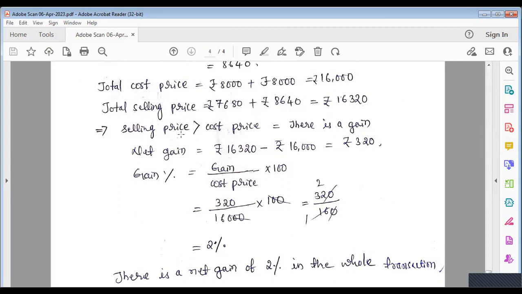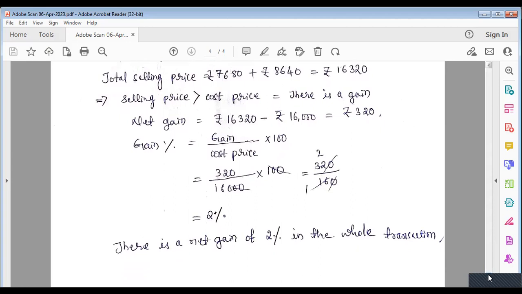When selling price is more than the cost price, there will be a gain. So net gain is equal to, we have to subtract these two. We have to subtract the cost price from selling price. This is the selling price, this is the cost price. This gives 320. So the net gain in this transaction is 320.